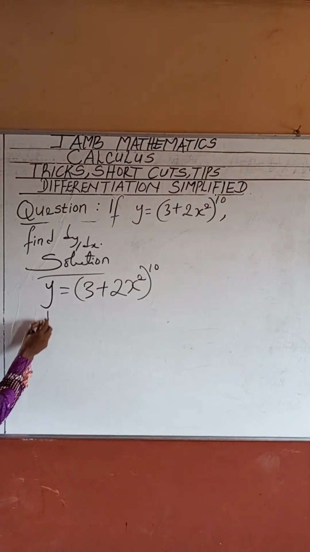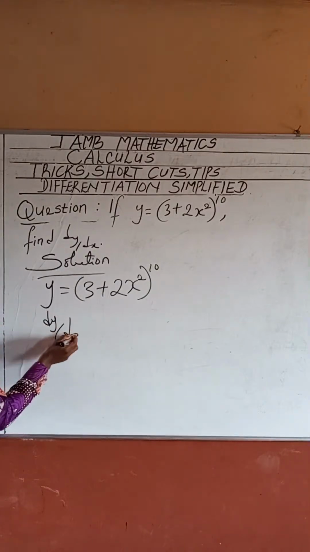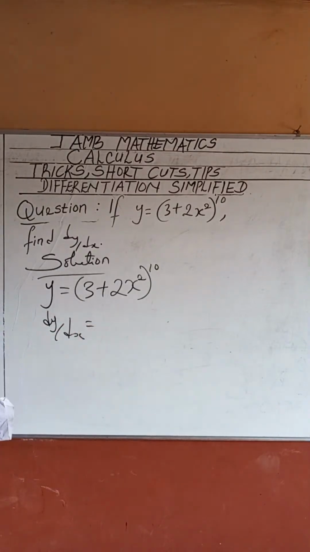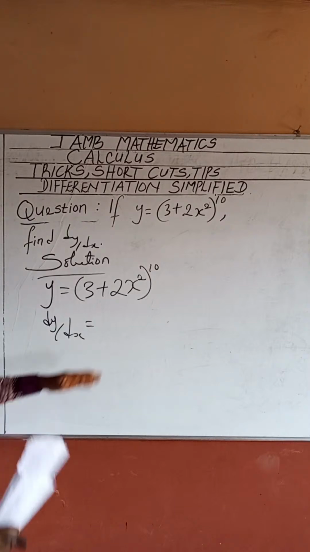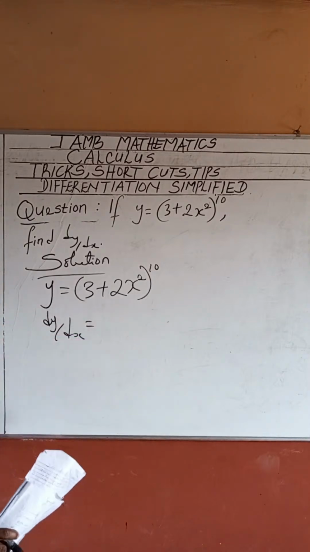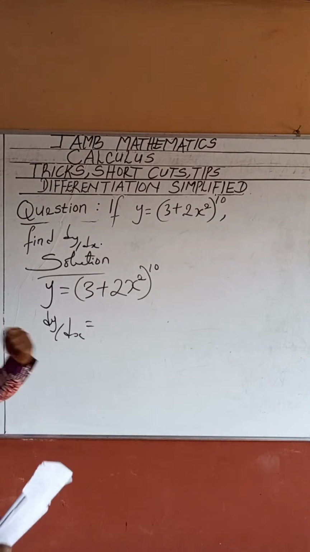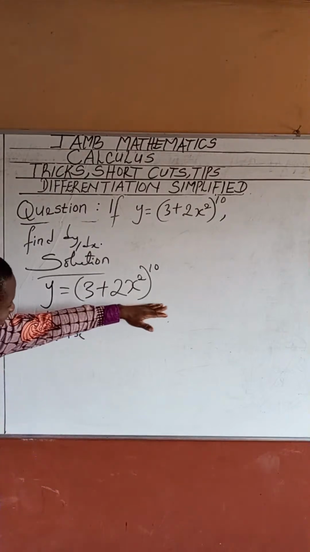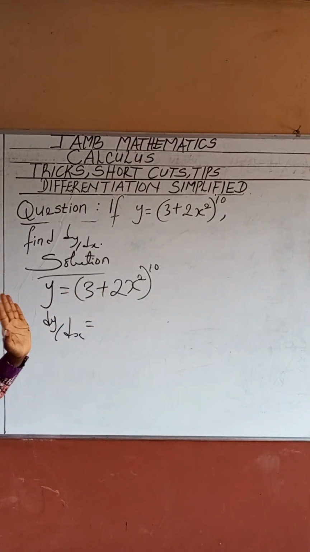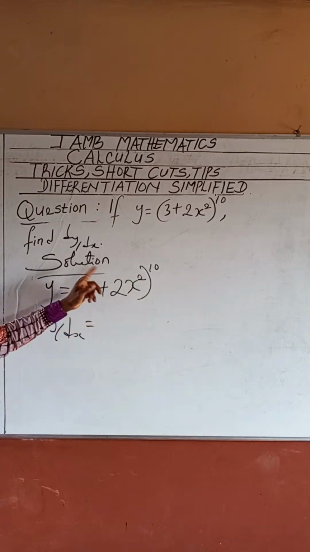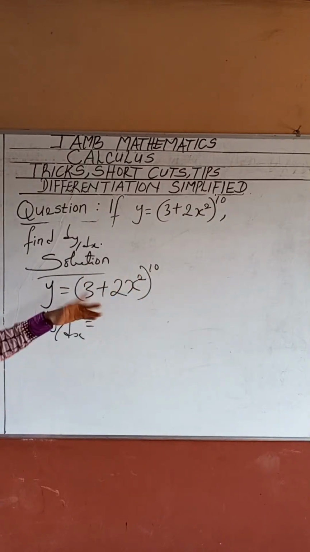So what is dy/dx? Please, someone should do this for us and put it here. It's not difficult. Very easy. Just use the previous method and solve it. Start from here, then differentiate this one like x squared, put together and get your final answer.